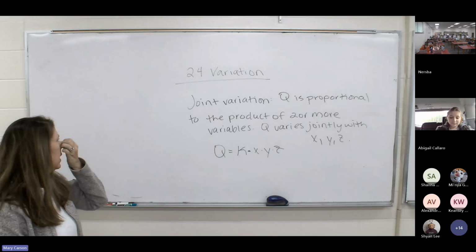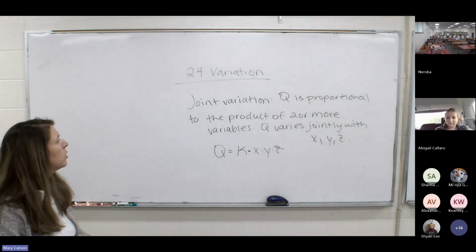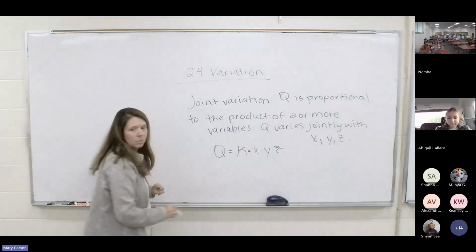Joint variation is Q is proportional to the product of two or more variables. Q varies jointly with X, Y, and Z. So I have Q equals K times X times Y times Z.